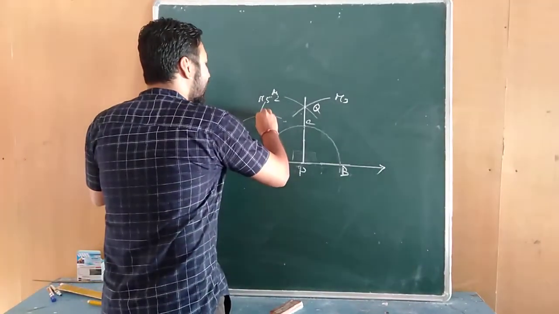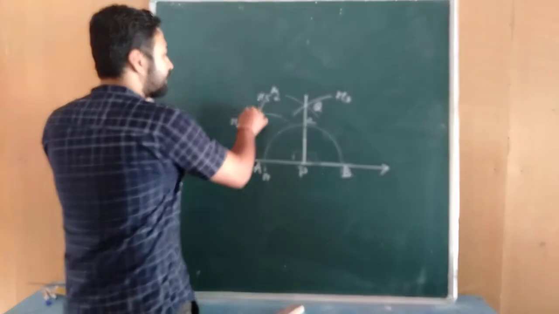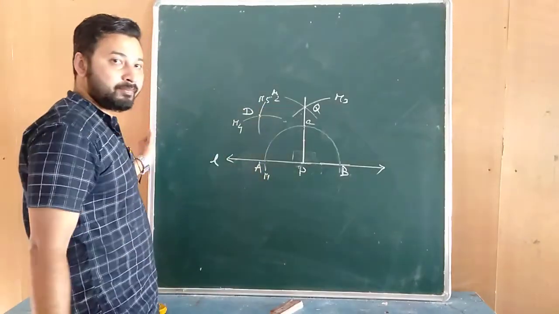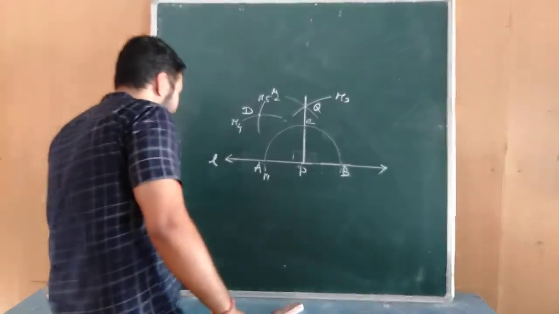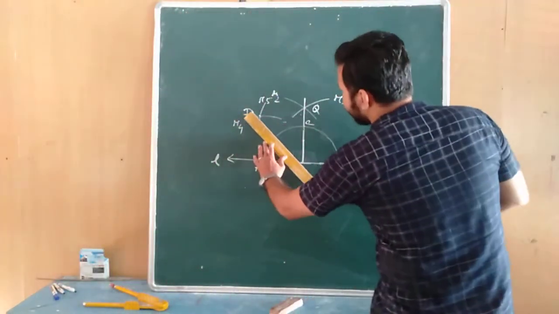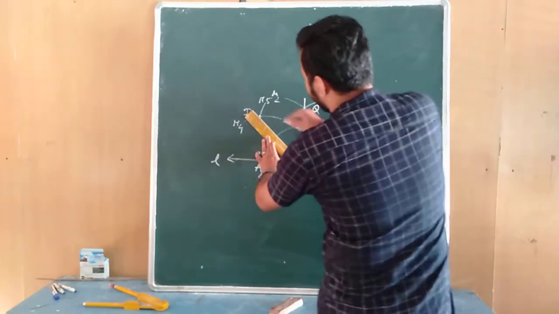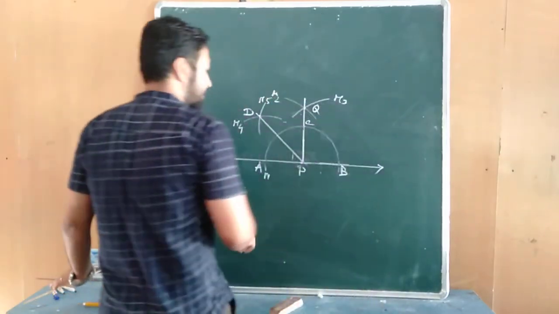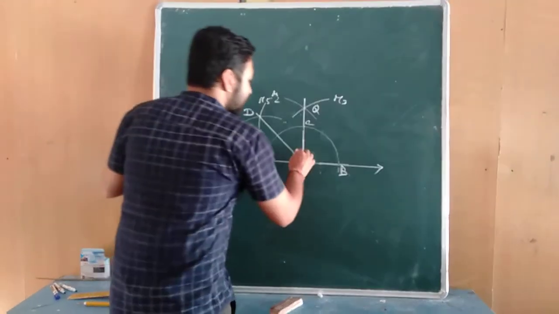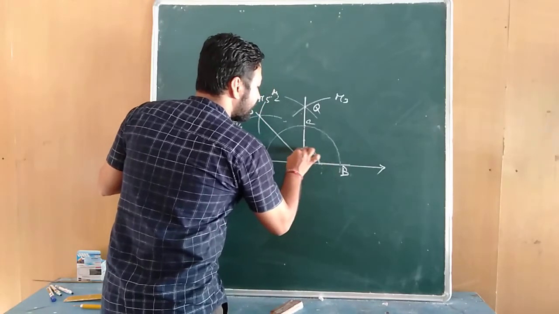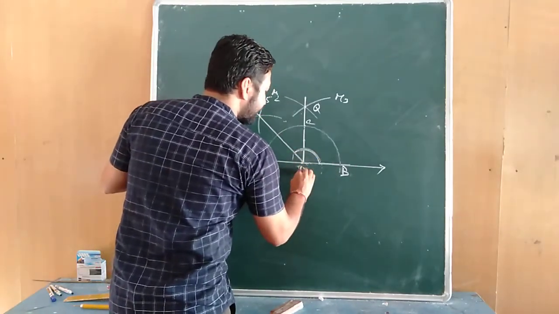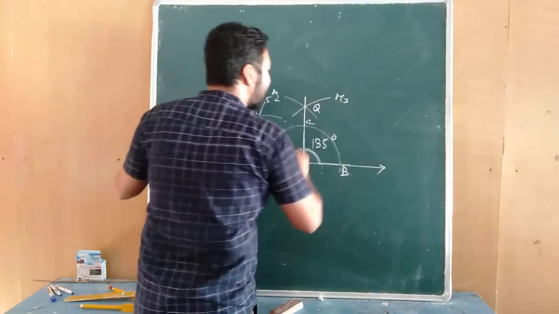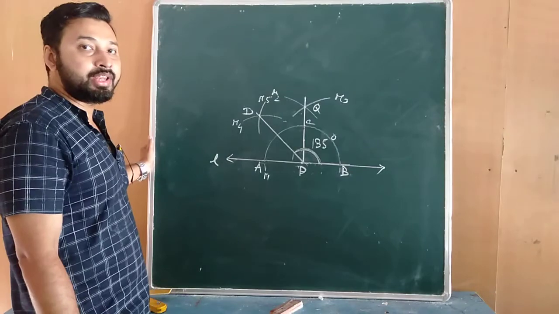So both the arcs intersect at a certain point, and we name this point B. Now we join this point B and point P. So if we join B and P, this angle DPB will be our required 135 degree angle.